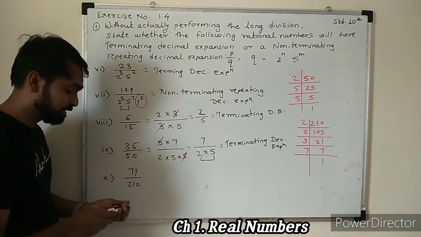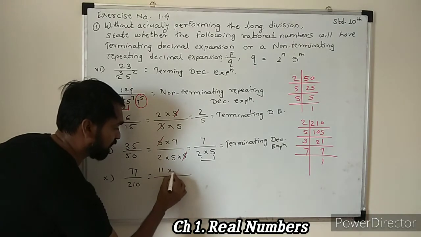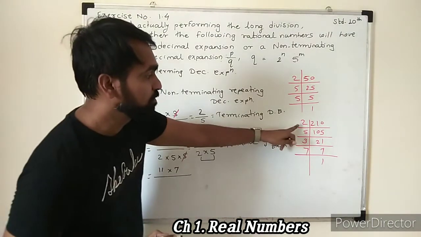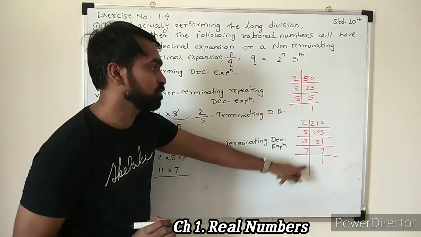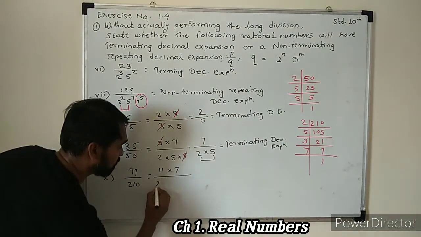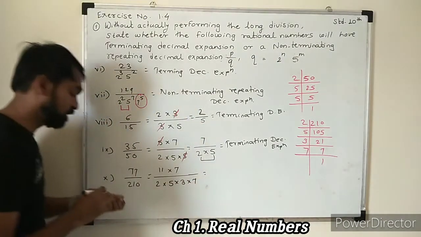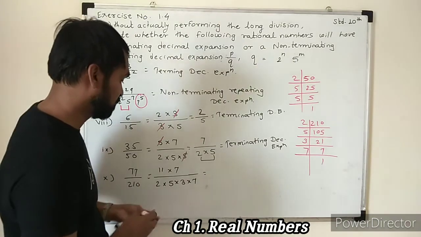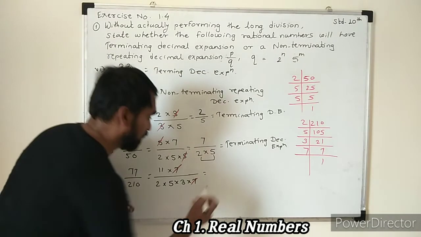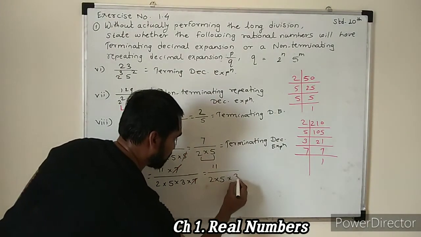Now see the last example for this question number first. 77 upon 210. Okay. 77 comes in which table? 11. Means 11 multiply 7. That is 77. Next 210. Here first you find the factors of 210. Already you found 2, 5, 3, 7. Okay. So here you write 2, 5, 3 and 7. Now see the numerator part and denominator part. Here 7 is cut. Then what is the remaining? 11 upon 2, 5 and 3. Okay.